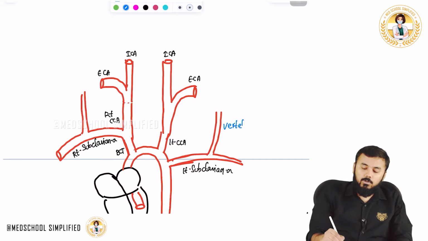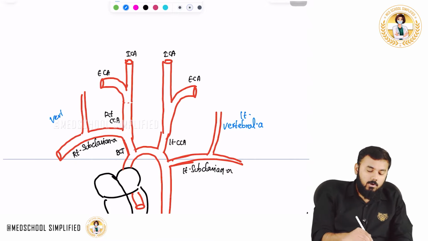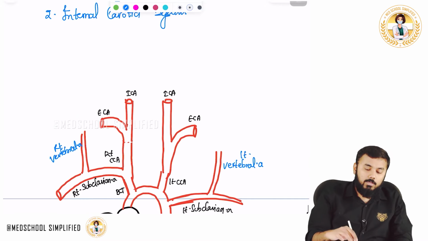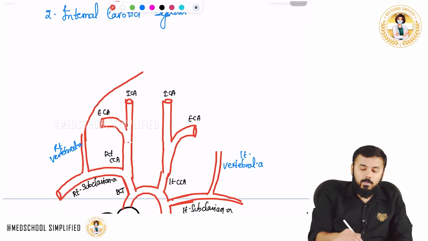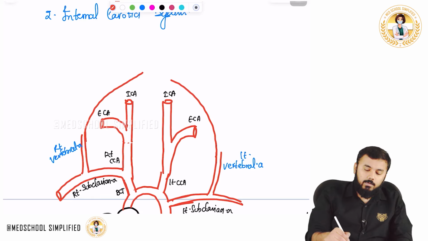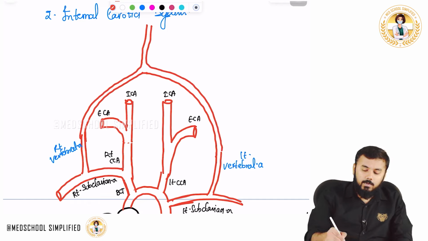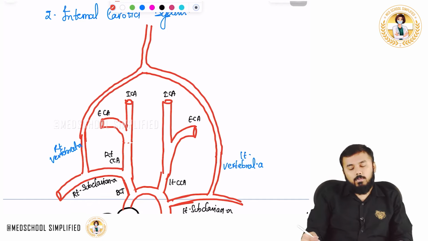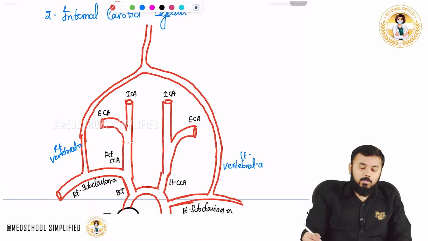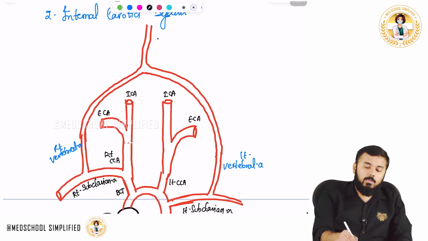This is your vertebral artery on the left, and this is your vertebral artery on the right. These two vertebral arteries go up like this, and they join together, forming a single artery. The artery which has been formed over here is called your basilar artery.